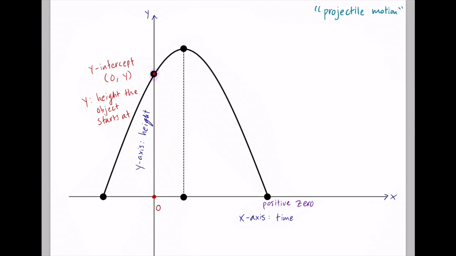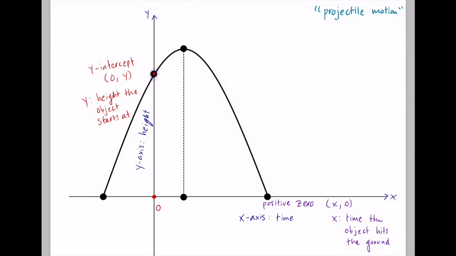And that's going to be given by a point x, 0. And x is going to tell us the time the object hits the ground. So basically, how much time did it take for the object to hit the ground?